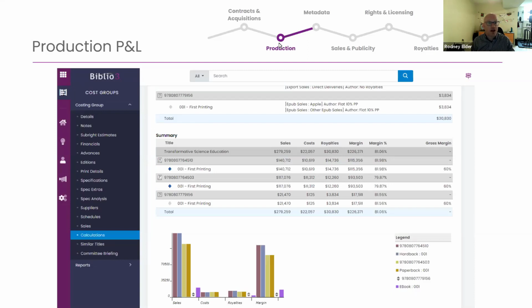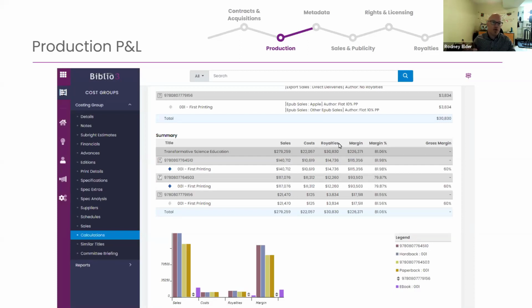And now we're in our traditional production area, where we're looking at a P&L of how much money this project could make if we were to acquire it. In this example, we're looking at the hardback, paperback, and an ebook, and we're looking at the sales. Obviously there's a lot of calculations that sit behind this.